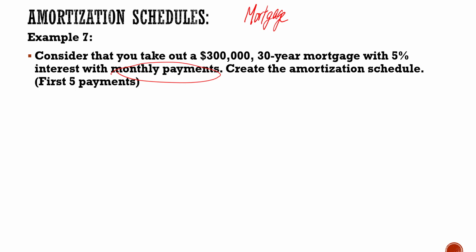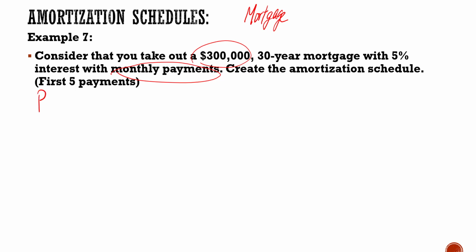This mortgage is what we call the present value of an annuity. You borrow 300,000 from the bank. This is the present value; you're getting a big check right now, 300,000 from the bank. It's a 30-year fixed mortgage with 5% interest, and we want to find our regular payments.